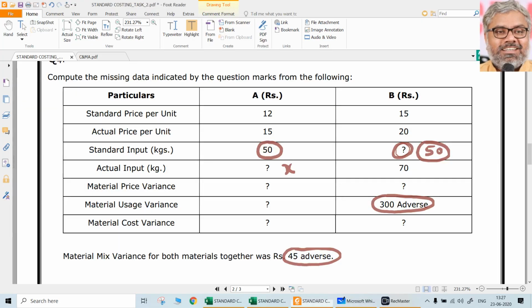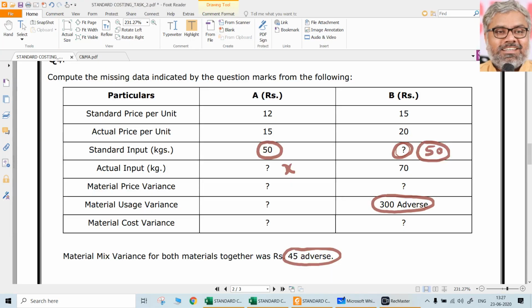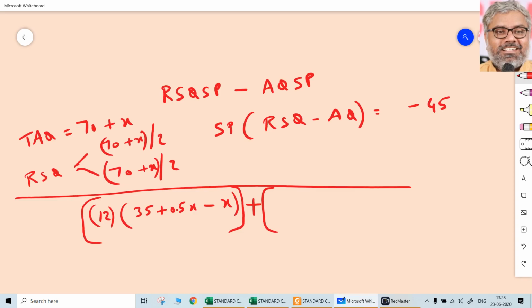Minus AQ of A. How much? We don't know. That's what we took as X. That is AQ of A. So that is the mix variance of A, plus the mix variance of B. So what is the standard price of B? 15.